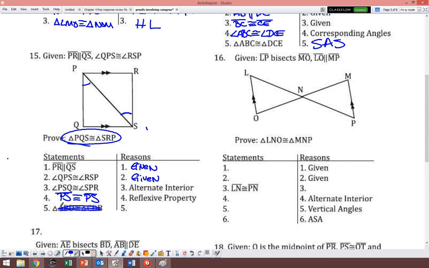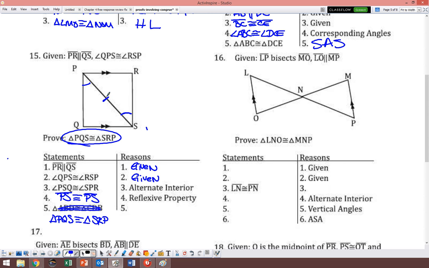All right. So my statement would be triangle PQS is congruent to triangle SRP, and my reason for that. Oh wait, did I forget to mark something? Okay, forgot to mark something, right?